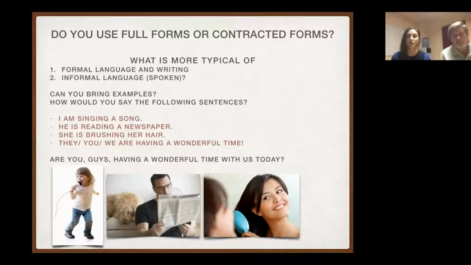I am writing to you, or I am not able to come to the interview tomorrow. Can we make another arrangement? Right. So in speaking, we use contracted forms, as Thomas has said.